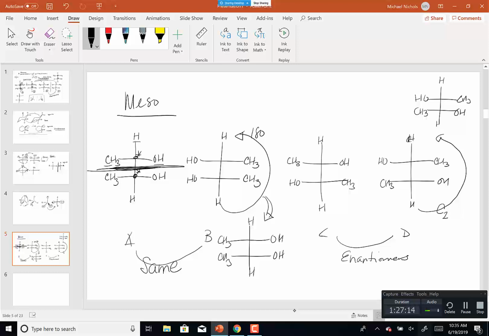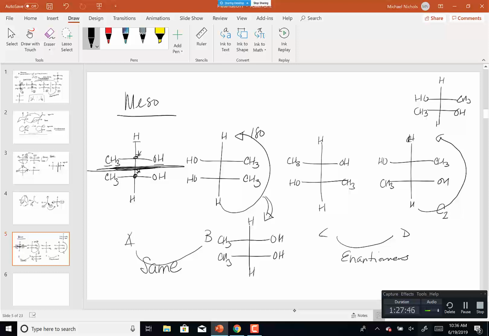In order for a molecule to rotate plane polarized light, this is a statement: the molecule has to be chiral. Are meso compounds chiral? That's a good question. Just because you have chiral centers, is the molecule overall chiral? What does it mean to be chiral?